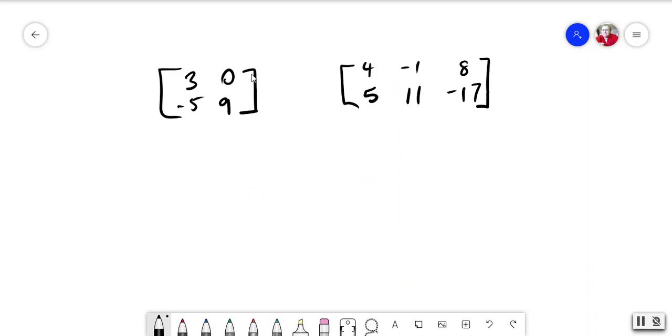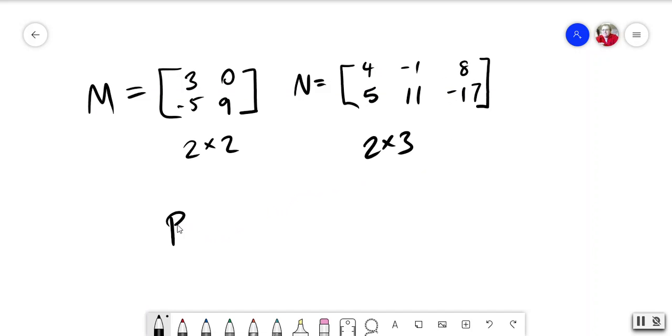So this has 2 rows and 2 columns. It's a 2 by 2 matrix. Let's call this M for matrix. Maybe this is N. This is a 2 by 3 matrix, 2 rows and 3 columns, like the one we drew earlier. Let's say you have matrix P that looks like this.